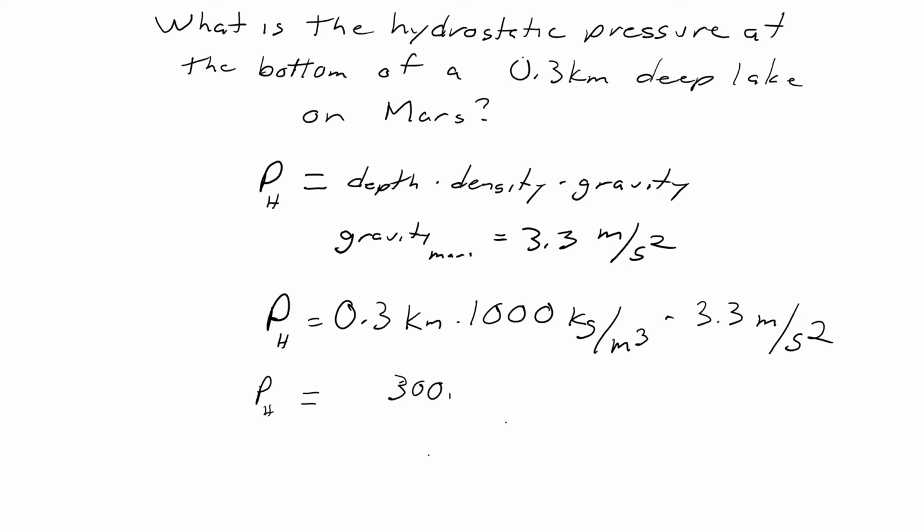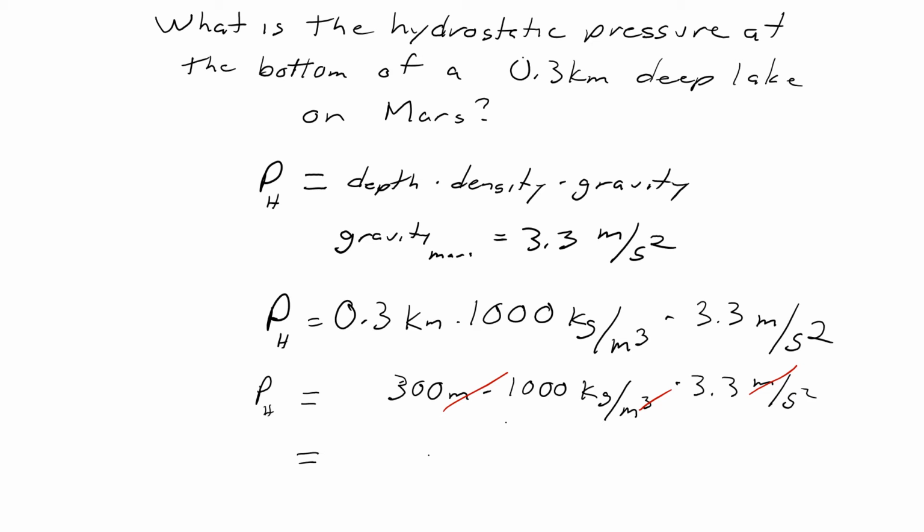So 300 meters times 1,000 kilograms per meter cubed times 3.3 meters per second squared. We can cross out some units. We have meters, we have meters. We have meters cubed on the bottom.